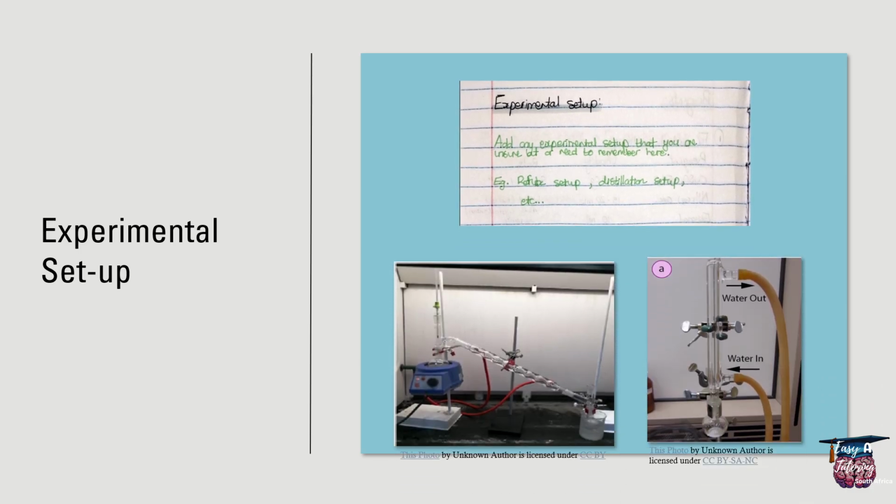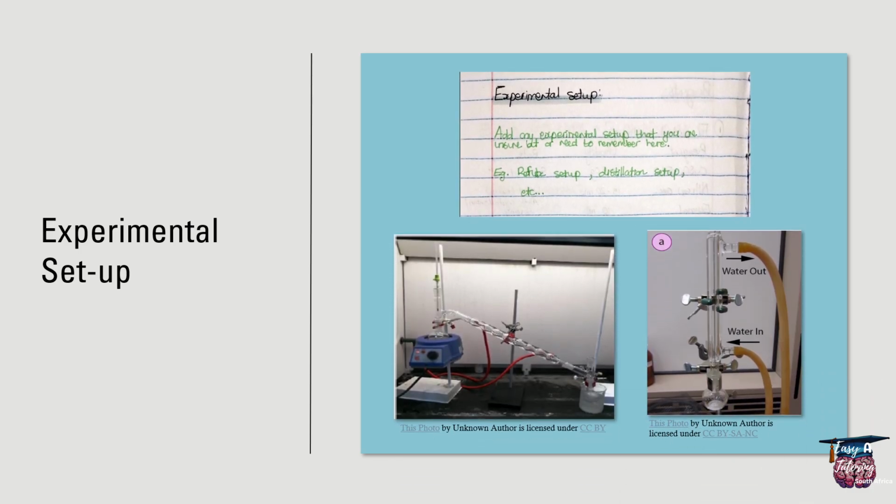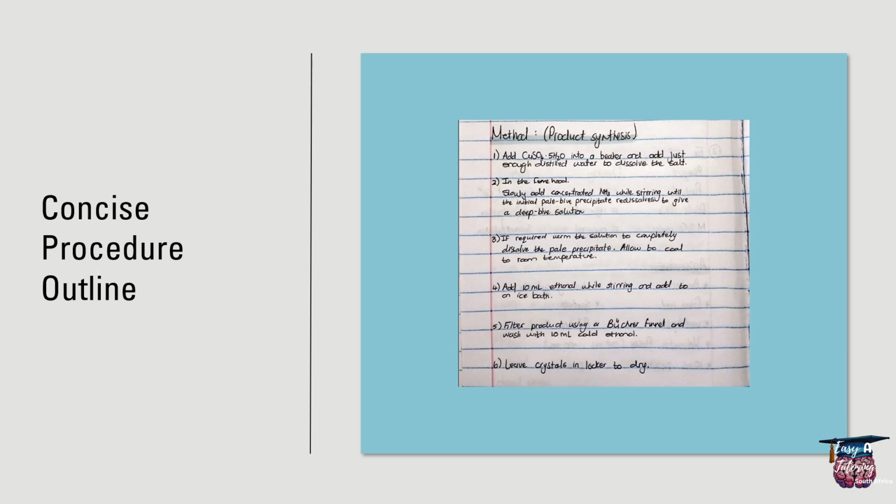However, if we are doing something like a distillation setup or a reflux setup, you might not always remember how to do it, especially if you are new to this technique. And then it is very helpful to have it, you can either paste in a printed out image, or you can hand draw it in your preparation book, and then you can just refer to your preparation book once you need to do that specific setup for your experiment.